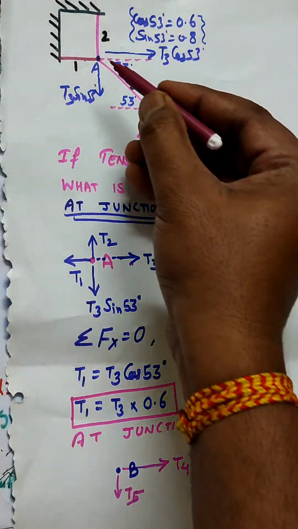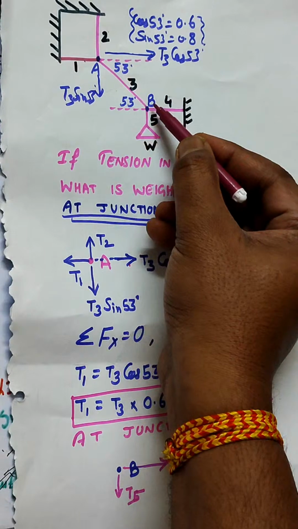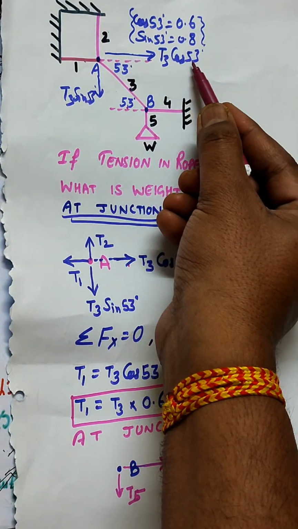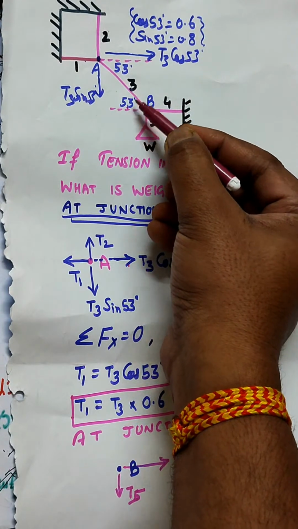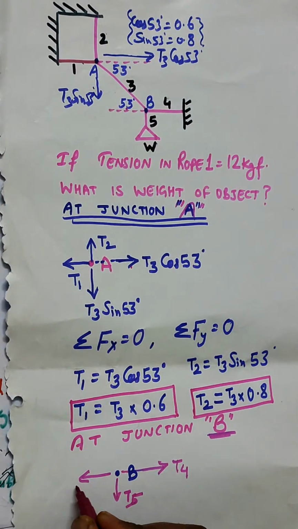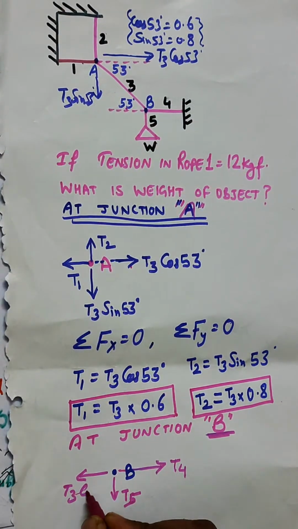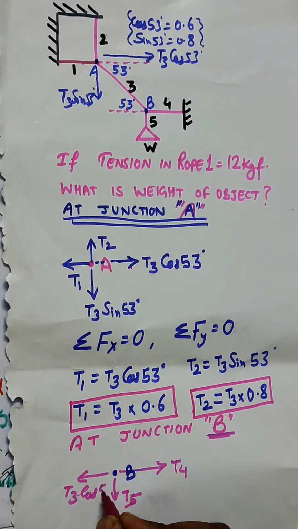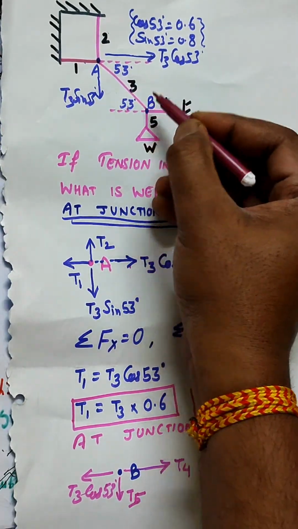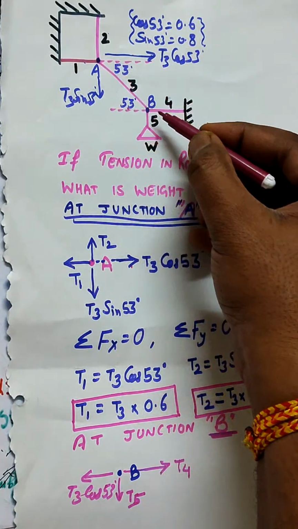And here the component of T3 is T3 cos 53, because A and B are connected through rope 3.